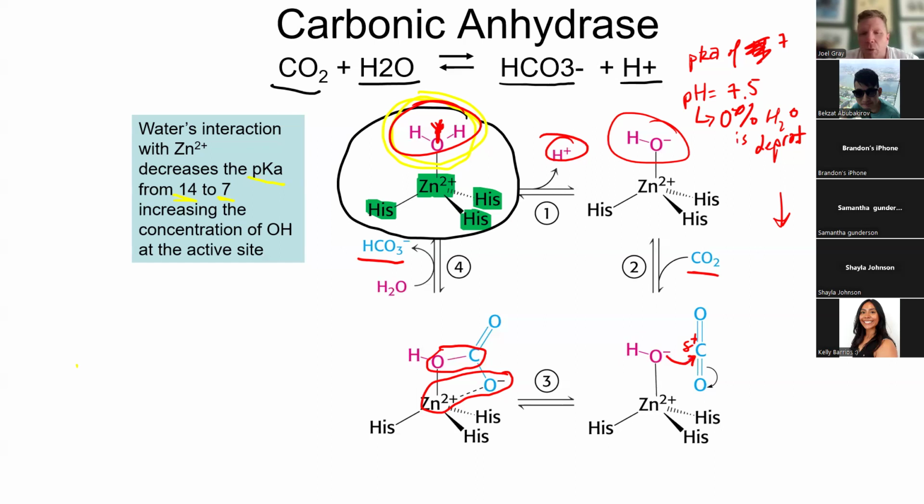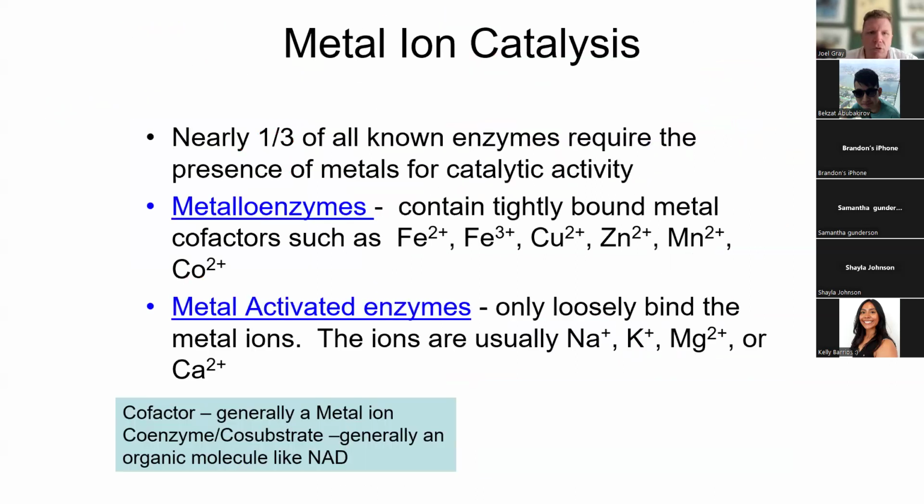One of the things that's very important to know whenever we jump back to this, when we think about metalloenzymes and metal activated enzymes: metalloenzymes contain tightly bound metal cofactors such as iron, copper, zinc, manganese, or cobalt.